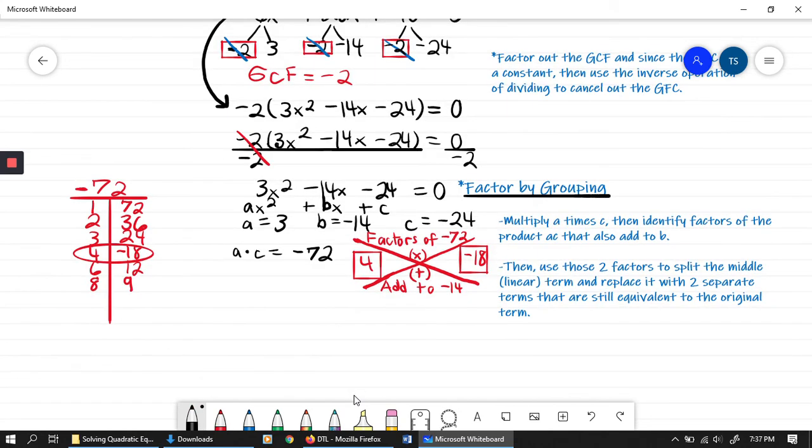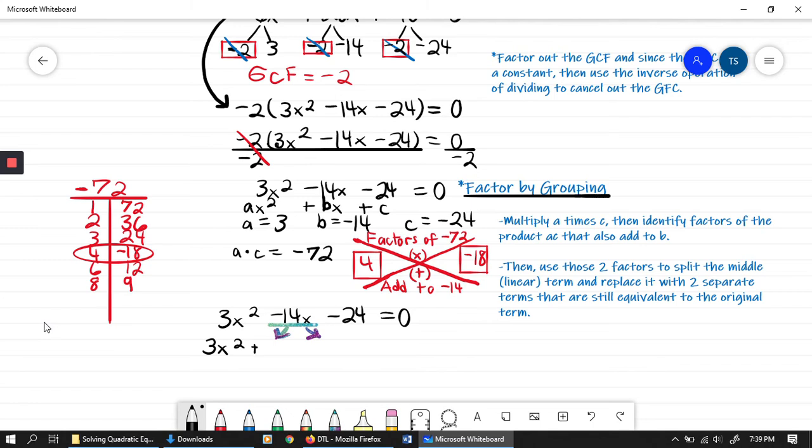So again, we're going to take those two factors and we're going to split the middle term. So when we rewrite this, it's going to look like this. 3x squared, and again we're going to replace that negative 14x with two terms that are using these two numbers, those two factors that we just now identified.